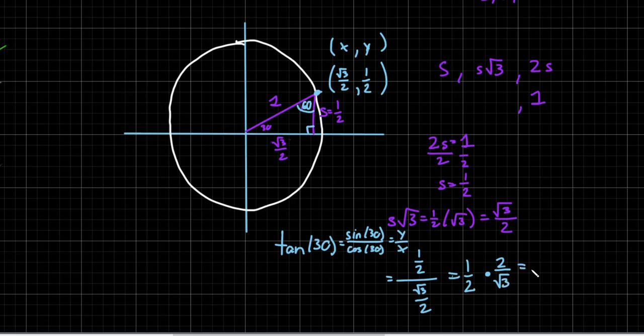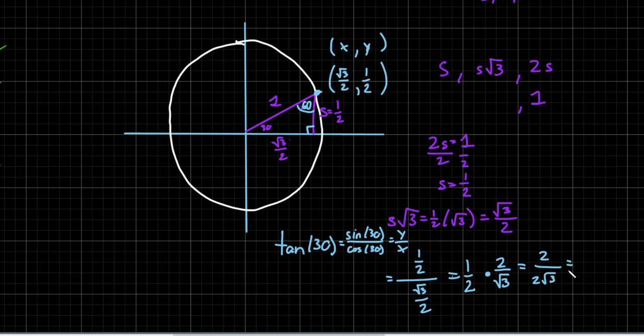Can you simplify those? Multiply them together. 1/2 times 2 over square root of 3. What's that equal? What is 1 times 2? What is 2 times square root of 3? Yep.